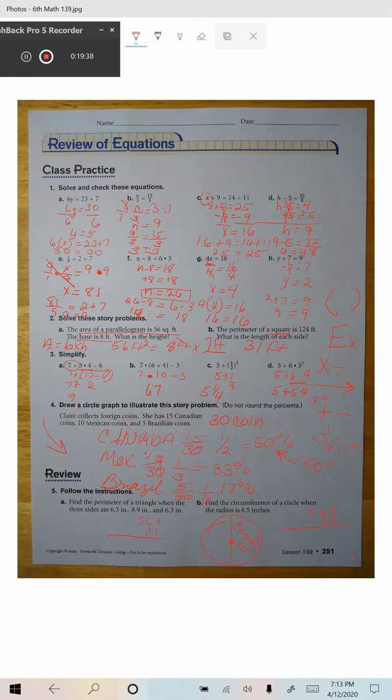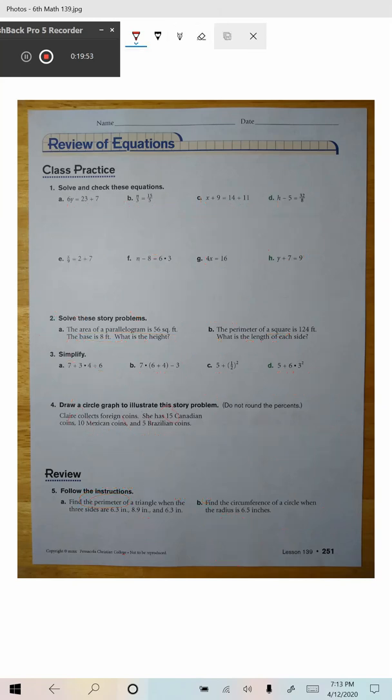For review, you're finding the perimeter of your triangle. That's just adding up the sides. Finding the circumference of your circle. I'm going to erase everything just to clear this up. Okay, so the circumference of your circle is pi times diameter, unless they give you the radius, and then you have to double it.